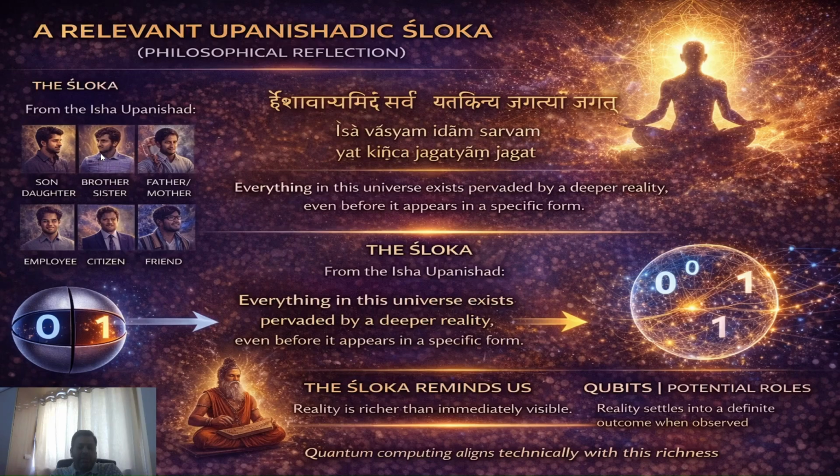The important question to reflect on at this moment is, which one are you right now? You are not all of them at once in action, but all of them exist as potential roles within you. Agreed or not? 100% agreed, right?